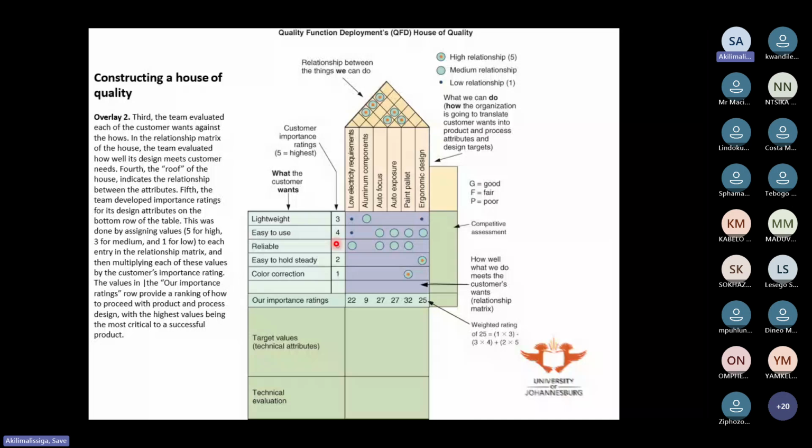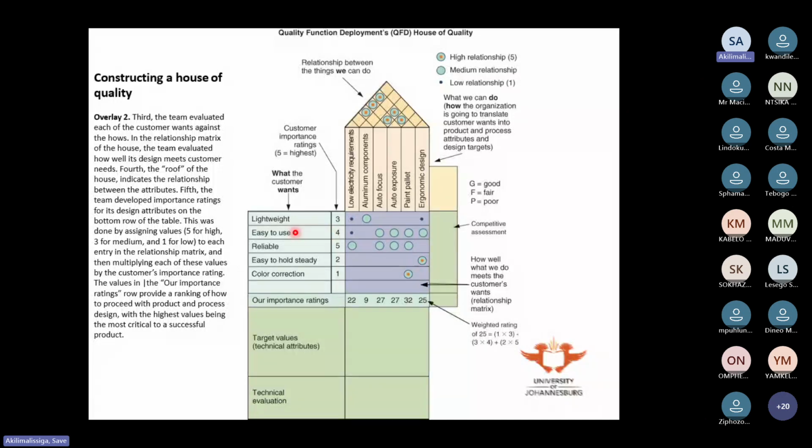So here you have 5, reliable, meaning that reliable is the most important. Followed by number 4, easy to use. Number 3, lightweight. Number 2, easy to hold steady. And the least important here is color correction. Again, this depends on you as the person, or the company, that knows its business or knows the product. So you're going to rate that.